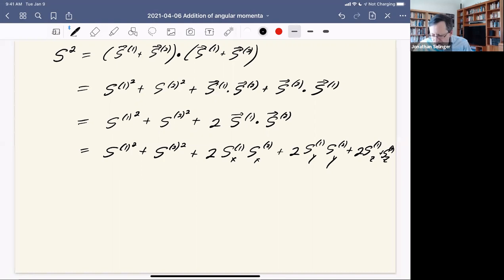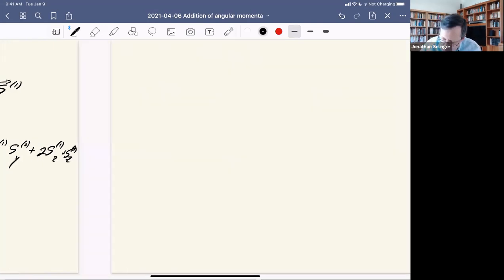Now we want to know what all of this stuff does to one of our states. How does this operator operate on one of the states? So let's try it.